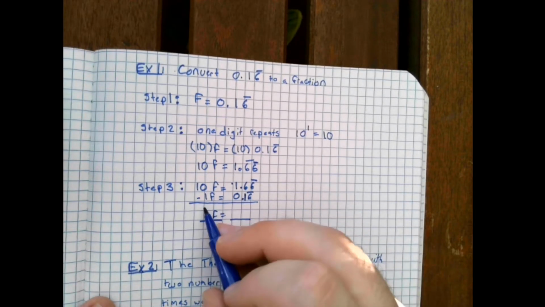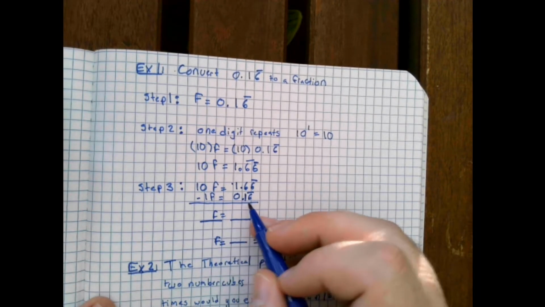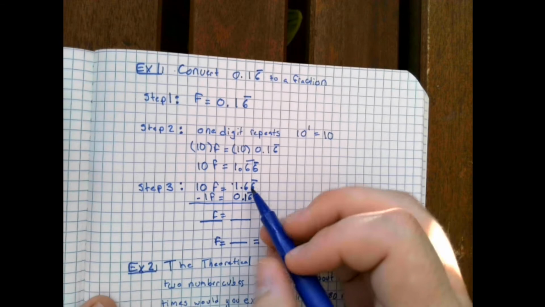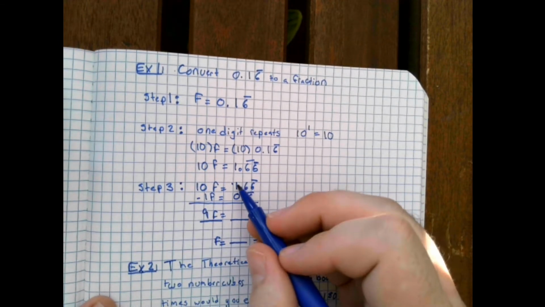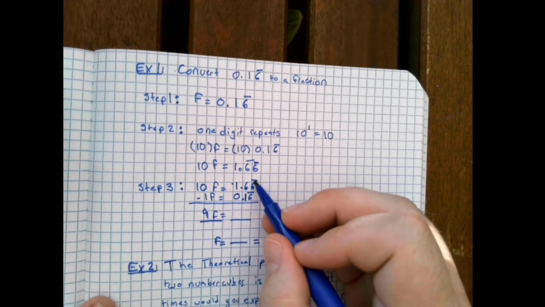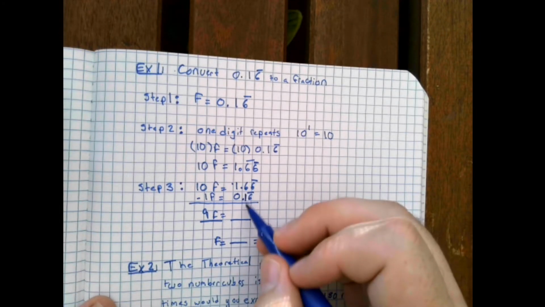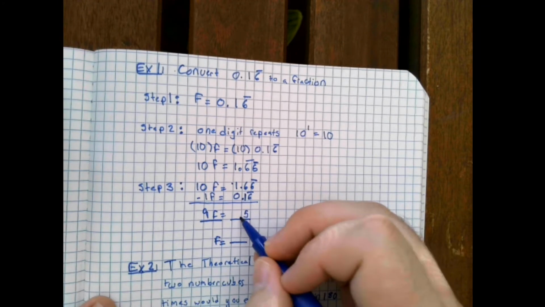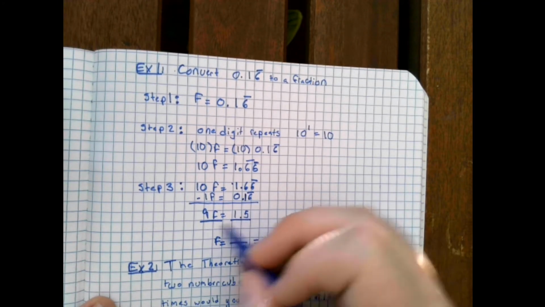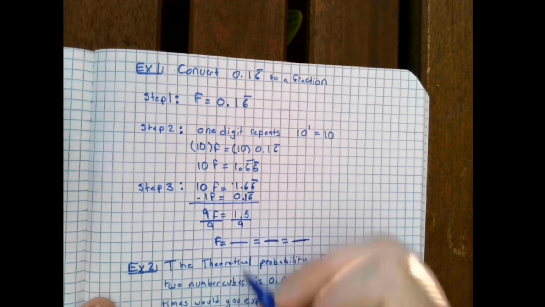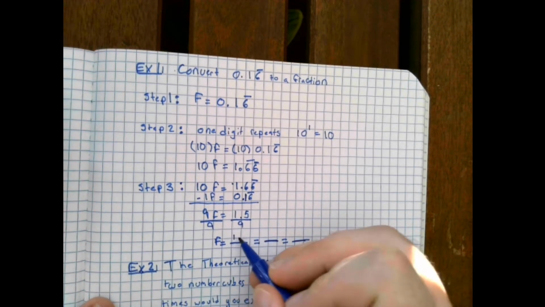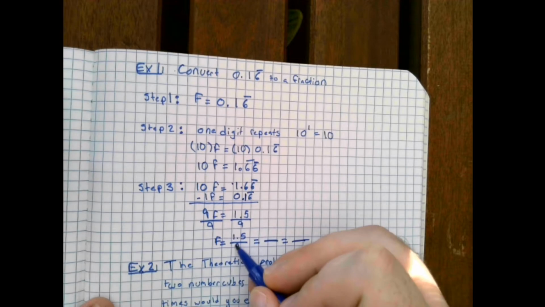and we subtract 1f from the left and 0.16 repeating from the right, then we'll get 9f on the left, and 6 repeating minus 6 repeating is 0, 6 minus 1 is 5, and 1 minus 0 is 1, so we get 1.5. Then if we divide both sides by 9, we'd get f equals 1.5 over 9.